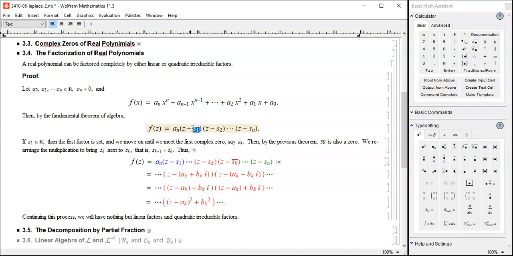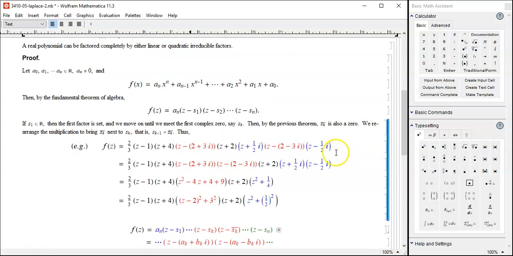If the second is also real, let's move on until you meet the first complex zero. Let's say the first complex zero is sk. Then down the road, there must be its conjugate somewhere, sk bar somewhere. So move it up. Because multiplication is commutative, you can change the order and then move it up.